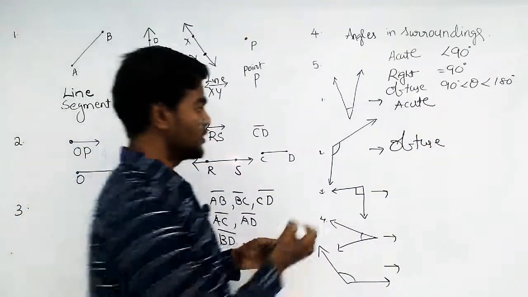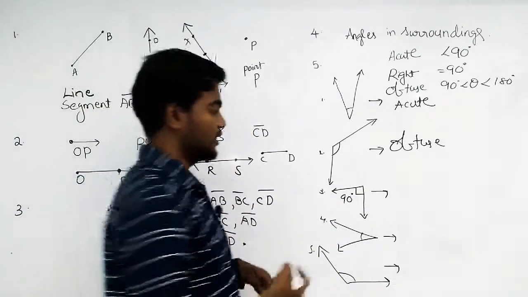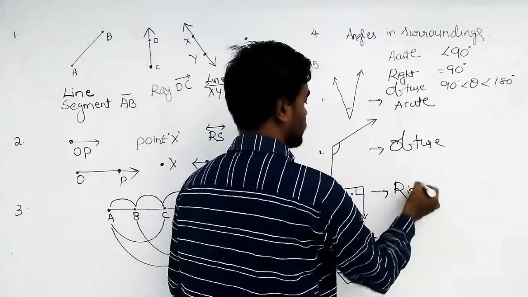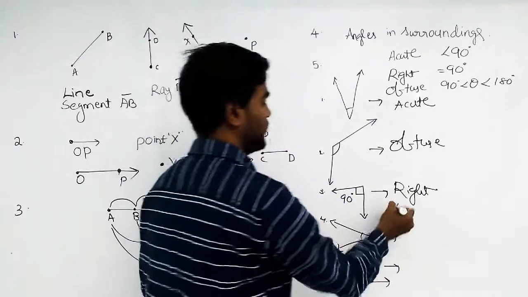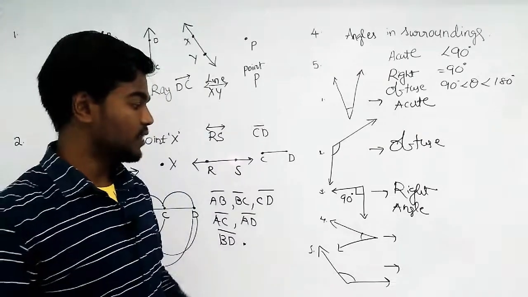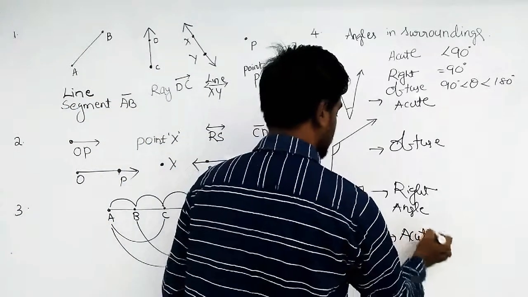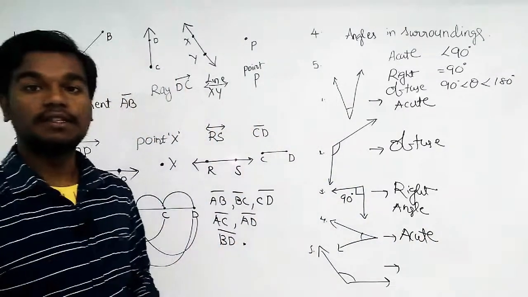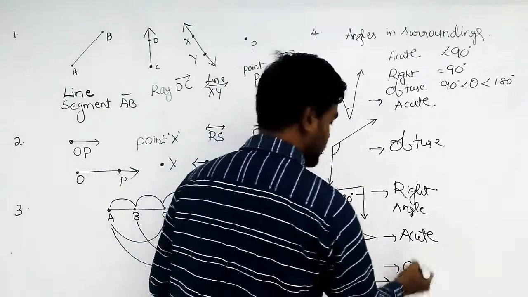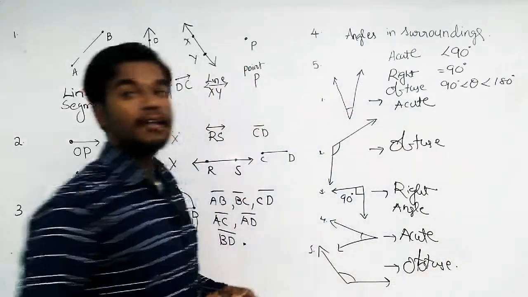Exactly 90 degrees, so you call it a right angle. Right angle. Then the fourth one is obviously an acute angle, and the fifth one is obviously an obtuse angle. Why? Because it is more than 90 degrees.